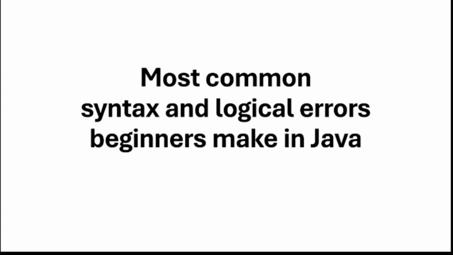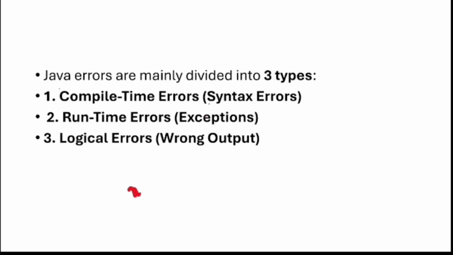Okay, let's start. In Java, mainly there are three types of errors. First one is compile time error, second one is runtime errors, and third one is logical errors. Compile time error means syntax errors.